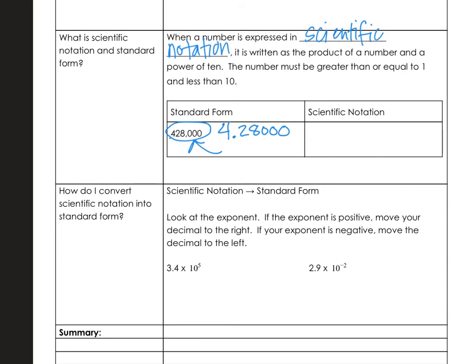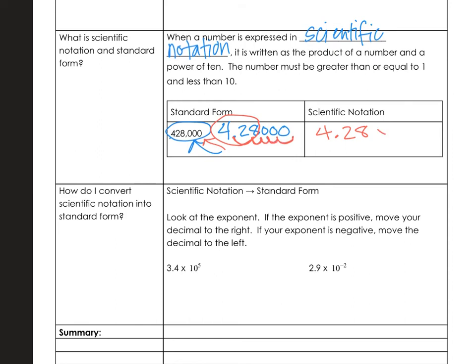Okay, so if I was to move this decimal 1, 2, 3, 4, 5 spaces, then I would have my standard form. Okay, so how you're going to write your scientific notation is you're going to write the 4.28. This time you don't need to write the zeros. And we said that you moved the decimal 1, 2, 3, 4, 5 times.